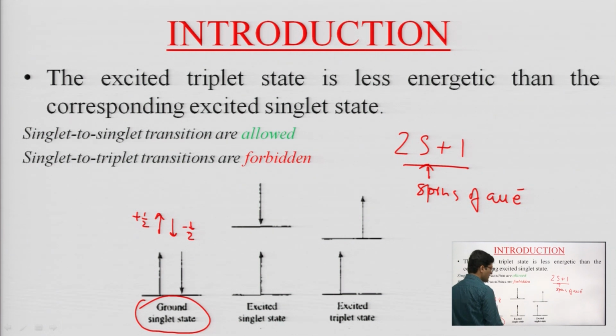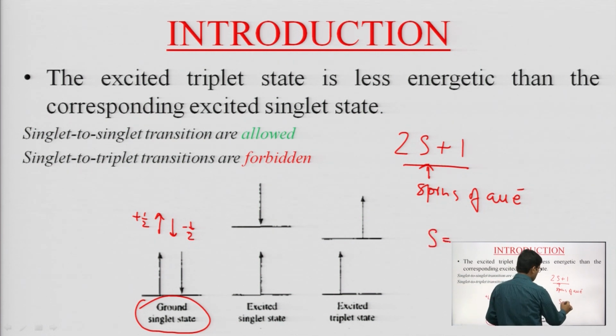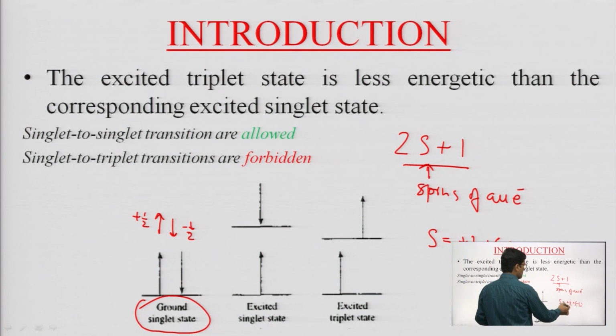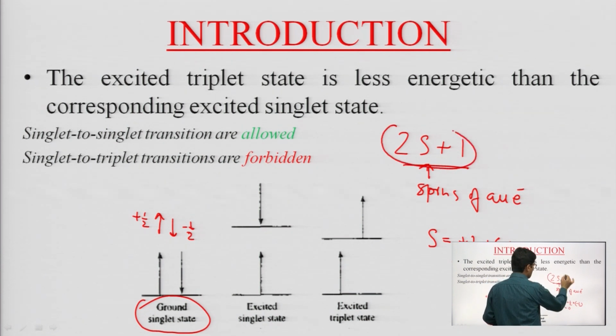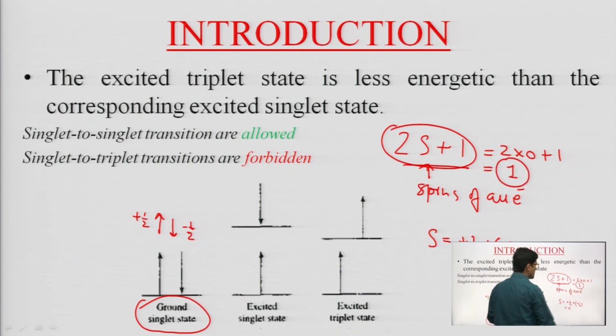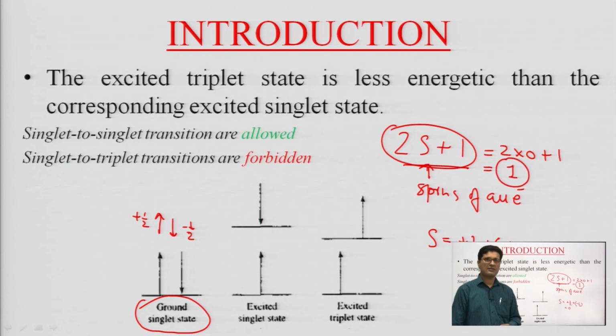So, the overall spin will be plus 1/2 plus minus 1/2, which becomes 0. If we put this 0 into the spin multiplicity equation, it becomes 2 into 0 plus 1, that is 1. That is why it is called a singlet state.